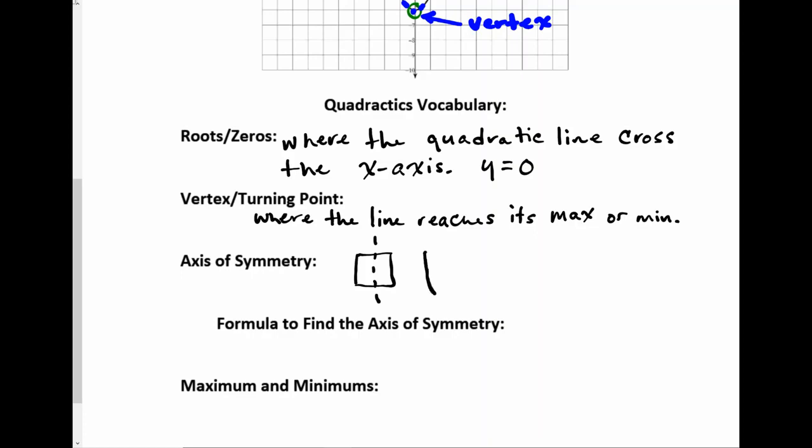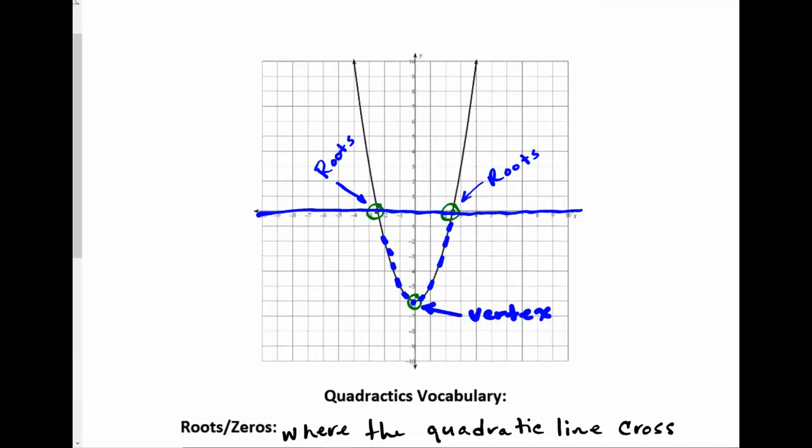So it would kind of look something like this. Okay? In this case, the axis of symmetry would be the y-axis, because if I draw a line straight down the y-axis, it cuts the parabola in half. There's an equal part here and an equal part here.